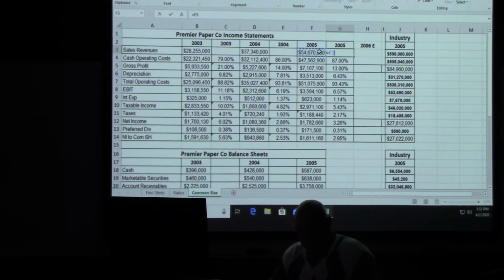Equals this divided by that raised to the 1 over 2 minus 1. And we're going to have to put a parentheses here, and probably a parentheses here. See if it doesn't. And let's go ahead and turn that into a percentage here.